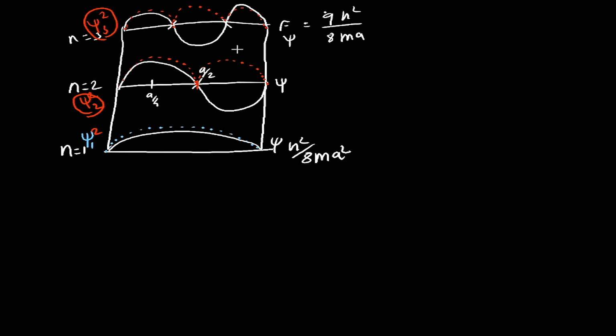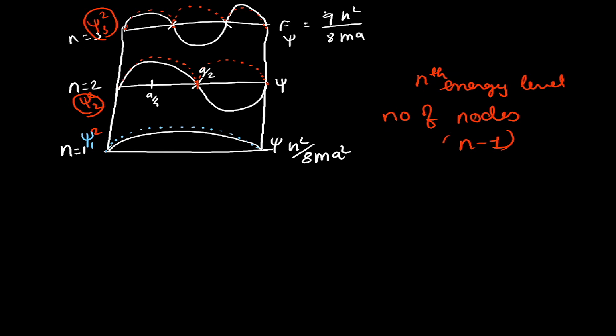And over here, for the nth energy level, the number of nodes will always be n minus 1, that is, always 1 less than the energy level number. So this is how we represent the graph.